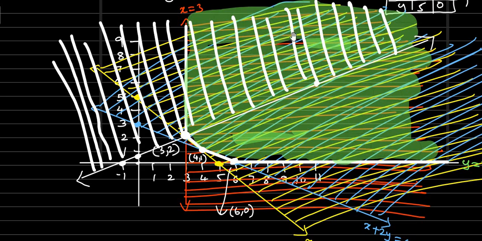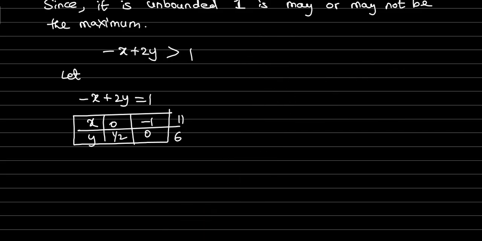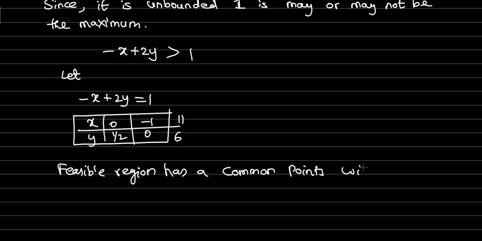So you can write: the feasible region has common points with minus x plus 2y greater than 1.